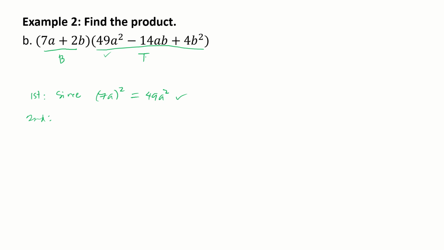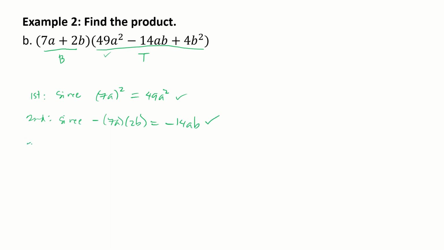The result must be the same as our second term here in our trinomial. So negative of 7a times 2b is negative 14ab. And that's the second term of our trinomial.